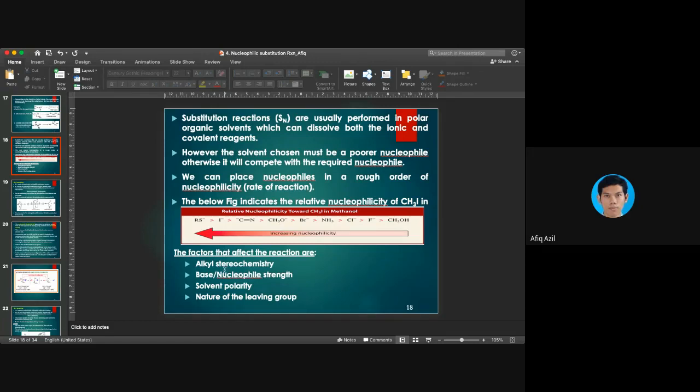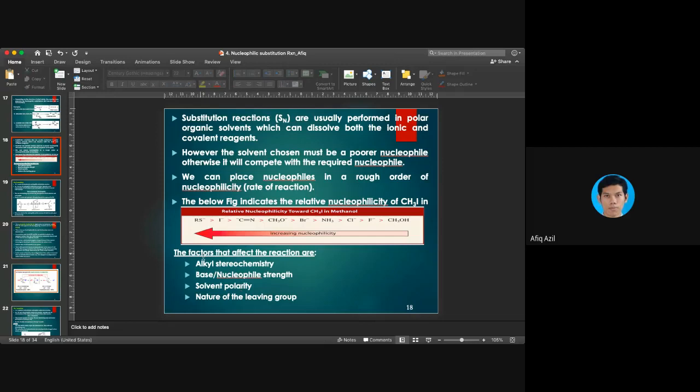So there are four factors that you have to consider to determine which mechanism the reaction will proceed by. The first one is the alkyl halide structure, which is the starting material. Whether it is primary, secondary, or tertiary. And then the nucleophile strength. This is just an example of nucleophiles, but there are many others; normally in textbooks they will have a list of nucleophiles.